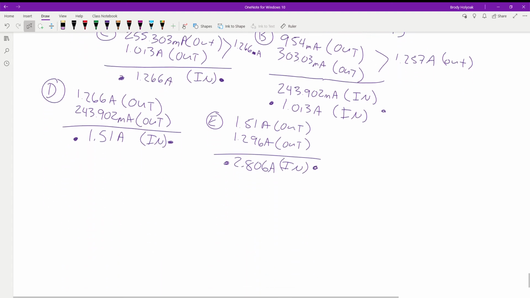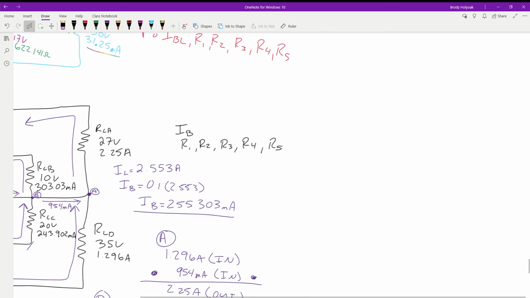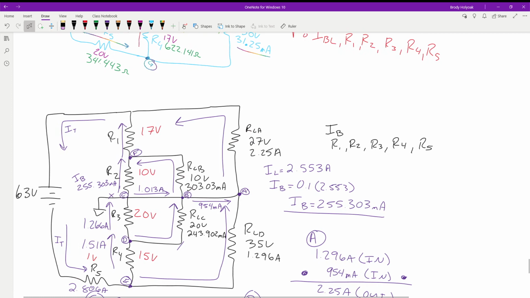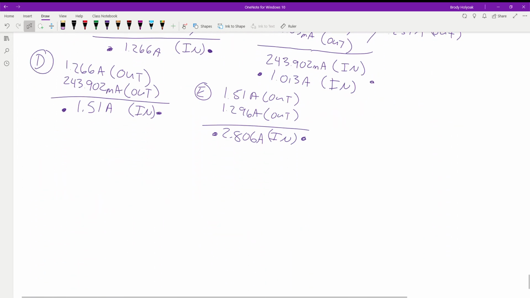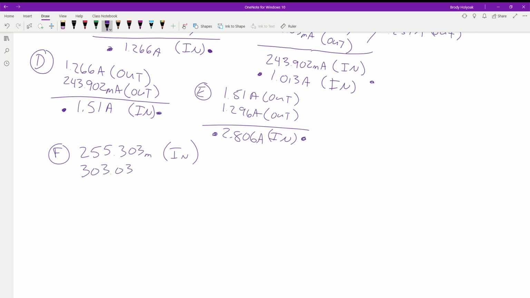So at F, we have 255.303 milli, and that's coming in. We have 303.03 milli.